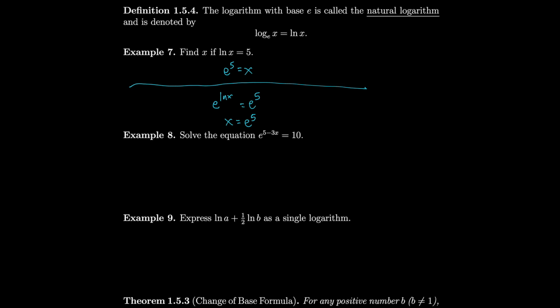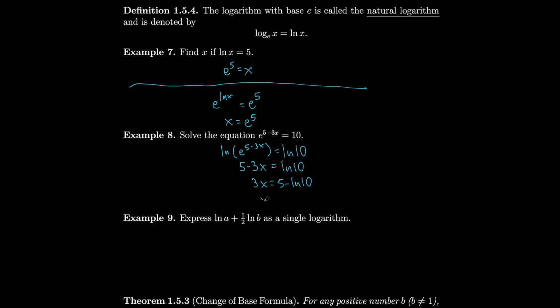Okay, let's solve the equation e to the 5 minus 3x equals 10. Well, we could take the natural log of both sides, ln of e to the 5 minus 3x, and that'll have to equal the natural log of the other side. Then ln of e cancels, so we get 5 minus 3x is equal to ln 10, which means that 3x is equal to 5 minus ln 10.